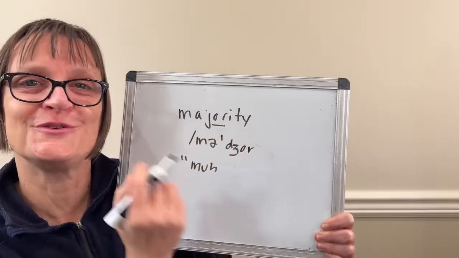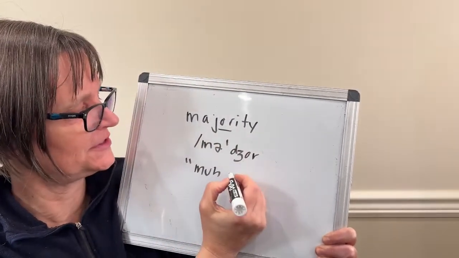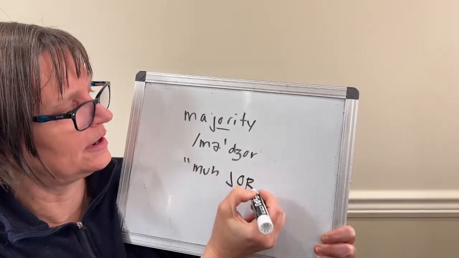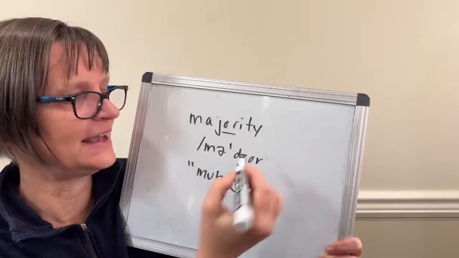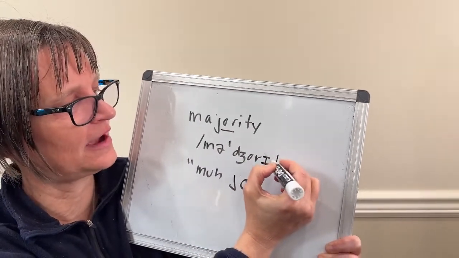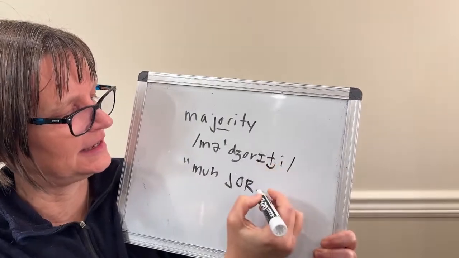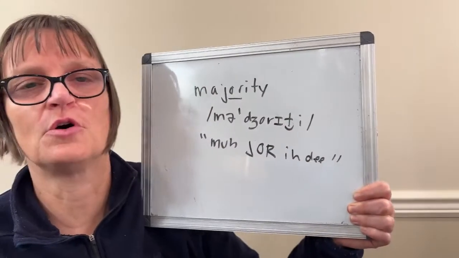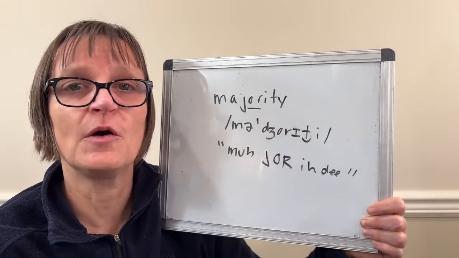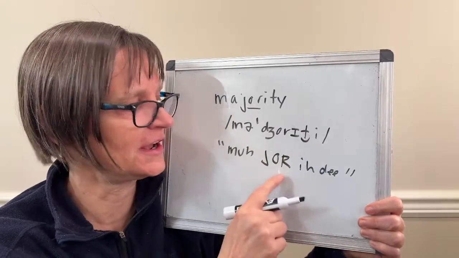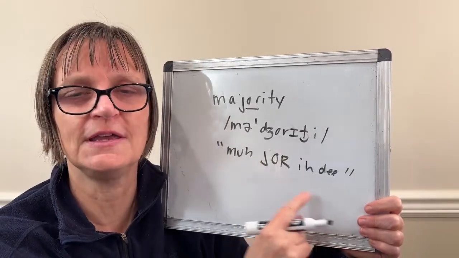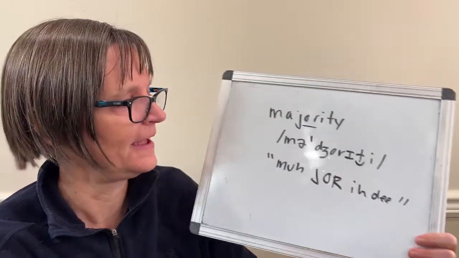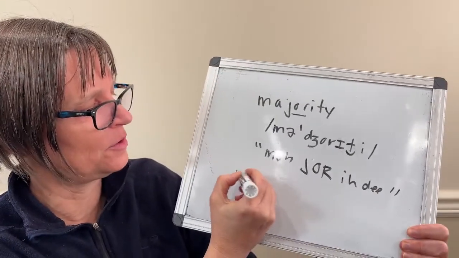Letters OR do say or in that stressed syllable, so it sounds like major. And then we have our ity ending, which is our I vowel, our flap T, and our tense E. So I'll write the flap as a D, so majority. For that word, you can practice it by starting on the jor, jority, majority.